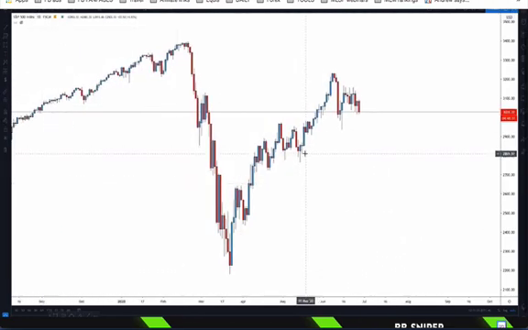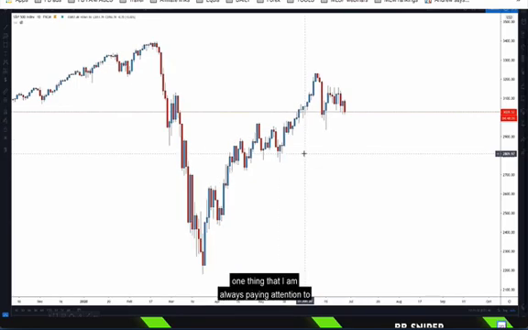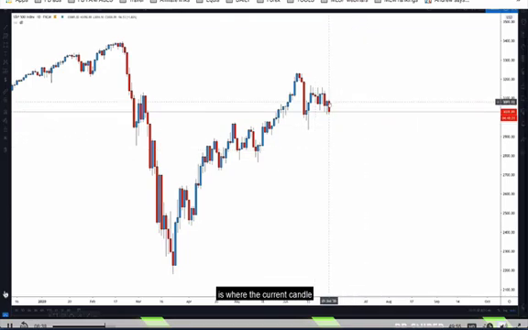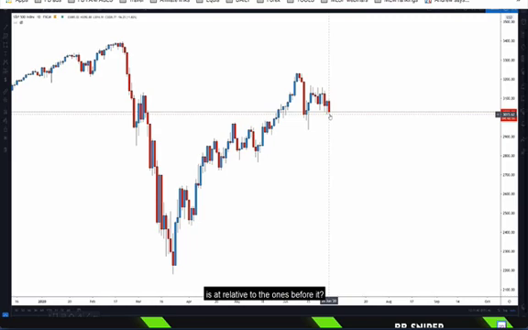First and foremost, when we are reading the candle structure, one thing that I am always paying attention to is where the current candle is at relative to the ones before it.